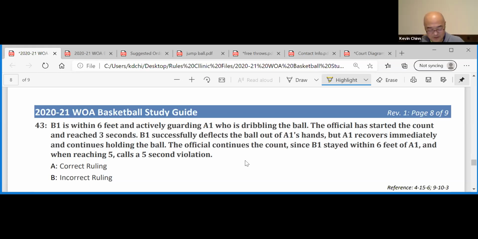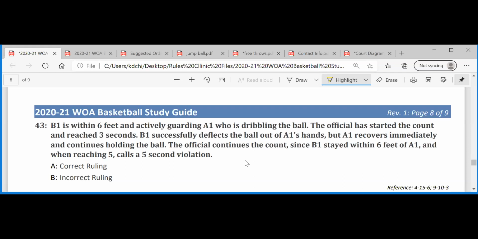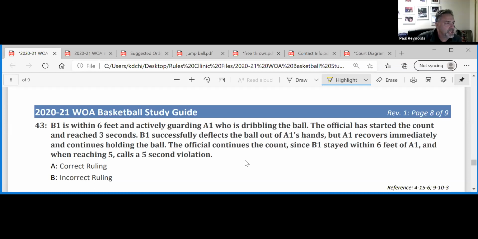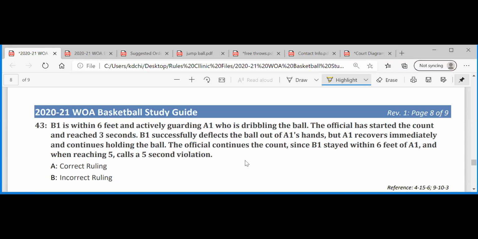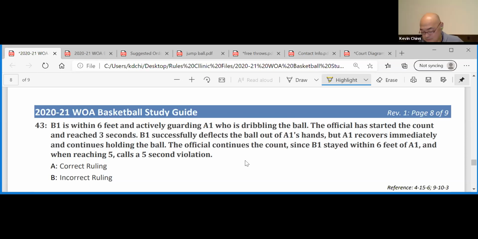Okay. Anybody else? 50-50. Are we assuming that he started from the 3 seconds? From what we've been talking about today, there was never a loss of team control, so maybe it is correct to keep the 5-second count going.